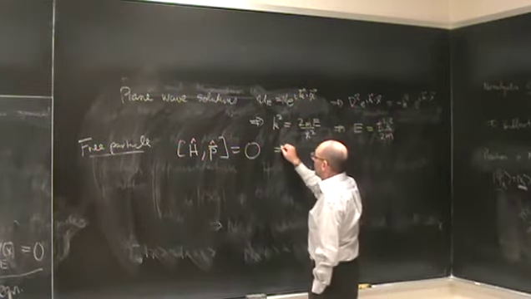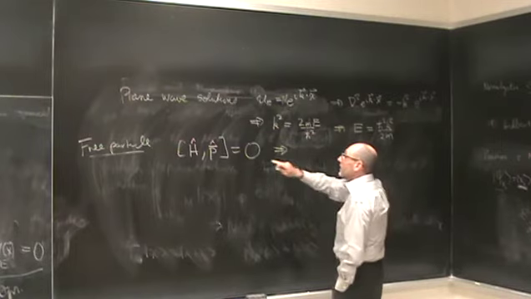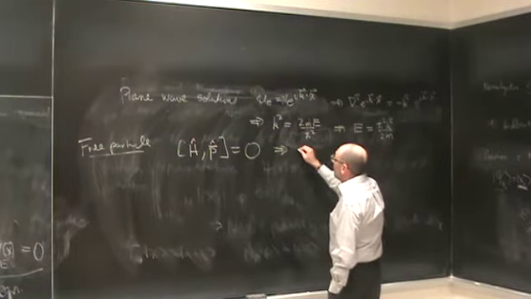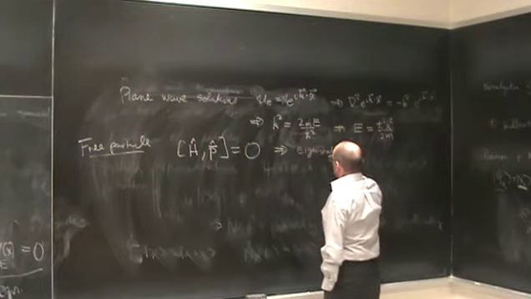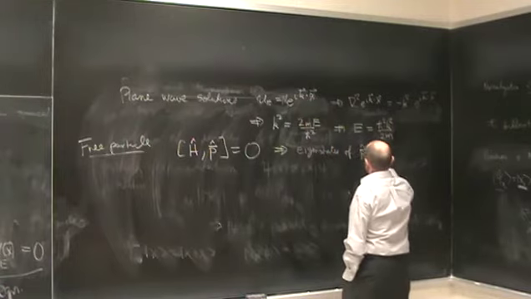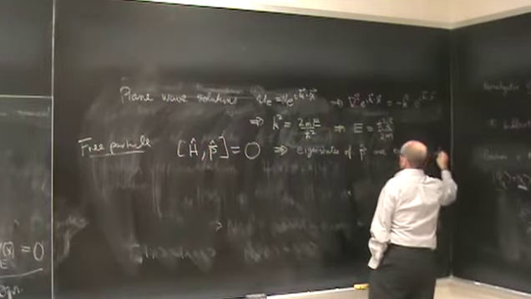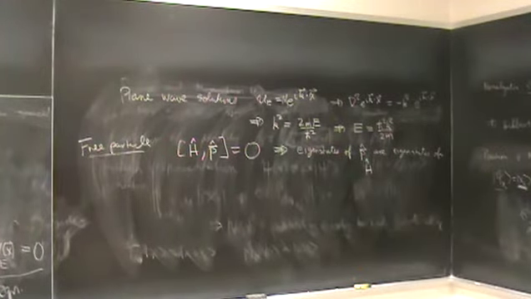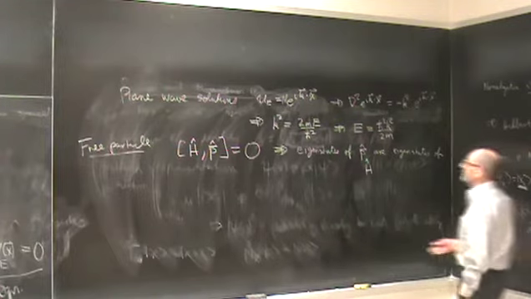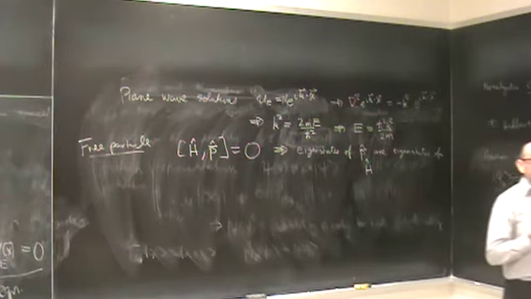Which means that the eigenstates of P are eigenstates of H, or at least there exists, as we know. We can always construct common sets of eigenvectors if they commute.